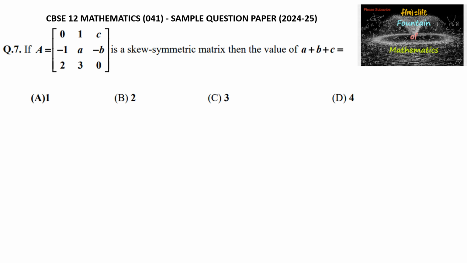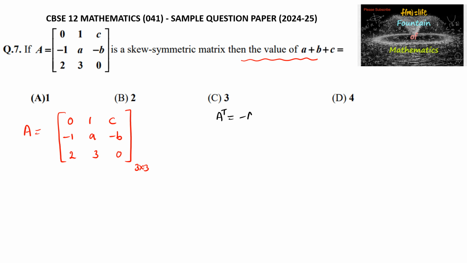Given matrix A is equal to [0, 1, C; minus 1, A, minus B; 2, 3, 0], a skew symmetric matrix. It's a 3 by 3 matrix. Then the value of A plus B plus C is... we know that for a skew symmetric matrix, A transpose is equal to negative A, or we can write Aij is equal to negative of Aji, where i is not equal to j, and we can write 0 whenever i is equal to j.